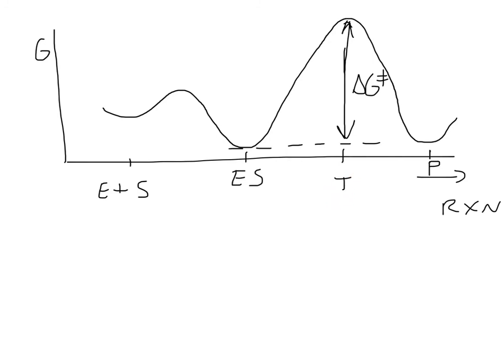Okay, another thing you notice about this diagram is that the energy barrier between the dissociated enzyme and substrate and the complex is actually much less than the activation energy, which implies that the interconversion between these two states is much faster, and that's often the case. So this is an energetic description of the association and dissociation of this complex.